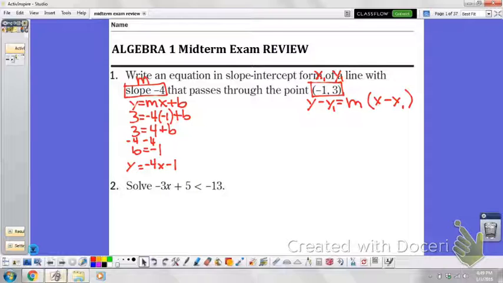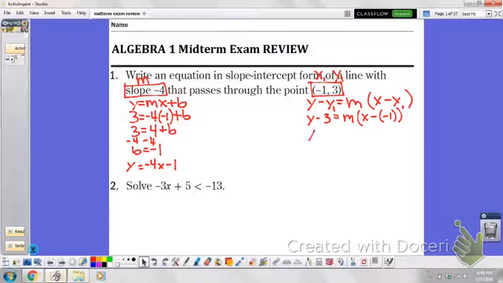Now you can also use the other equation, the y minus y1 equals m times x minus x1. Again, you're just substituting in what you know. So we have y minus y1, which was 3, equal to m times x minus x1, which was -1.